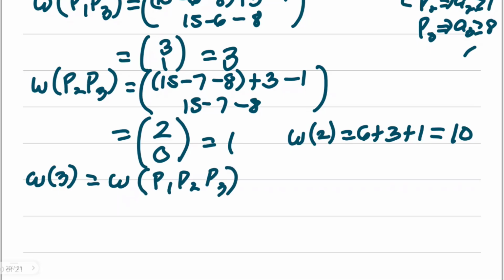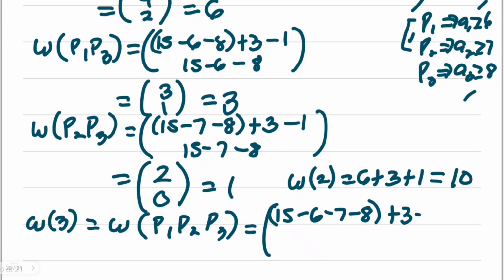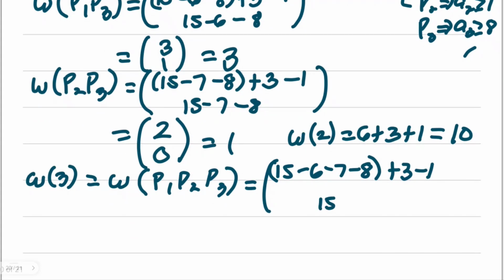We only have one combination of all. So that's actually equal to 15 minus 6 minus 7 minus 8, all of them, plus 3 minus 1. And what is that equivalent to? Take note, this is very negative. That's automatically equal to 0.